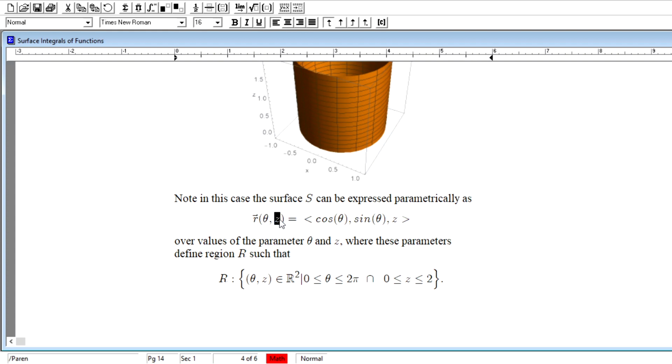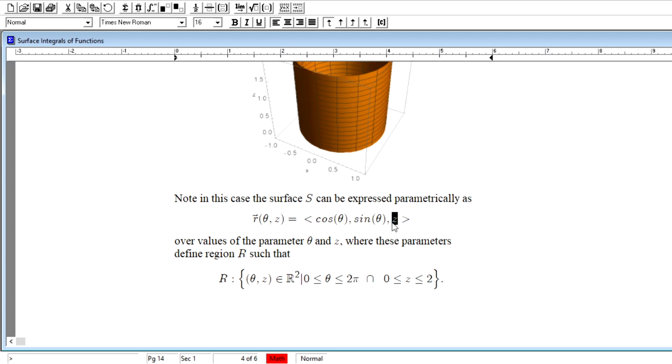Here I'm going to grab these descriptions of parameters given in the cylindrical coordinate space. If I consider the surface r bar, or S, being defined parametrically in terms of the cylindrical coordinate space, I could use parameter theta and parameter z to describe this surface, where my x location is given by the cosine of theta, my y location is given by the sine of theta, and my z location is just given by z itself.